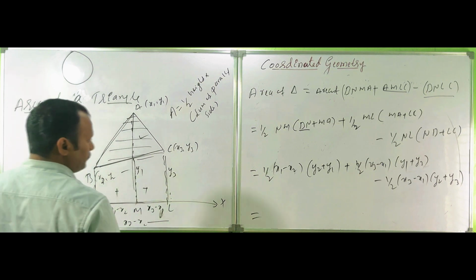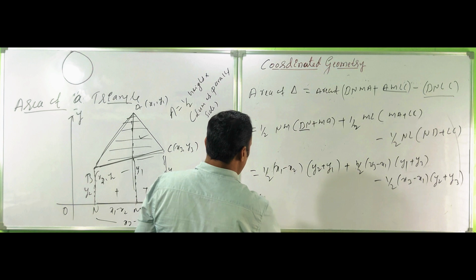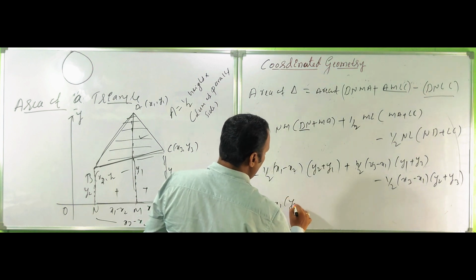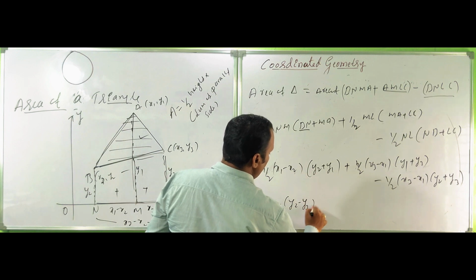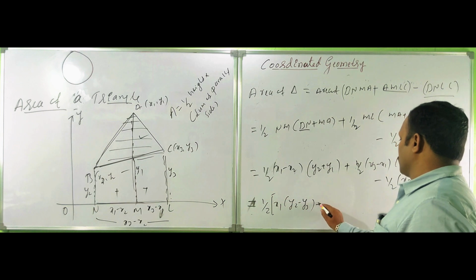this becomes 1/2 x1 into y2 minus y3, plus x2 into y3 minus y1, plus x3 into y1 minus y2. This is the whole multiplication.